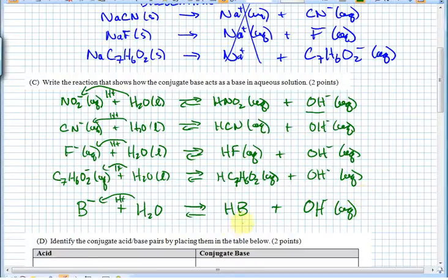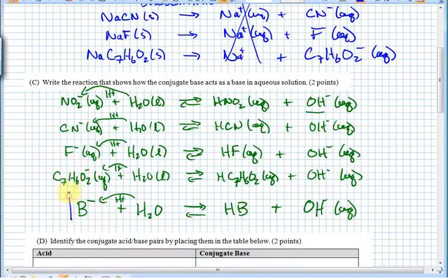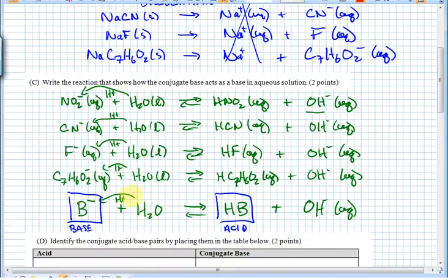All right. Again, if we look at that general reaction, here is my base, right? Base, proton acceptor. Here is the conjugate acid. Here is the acid, right?